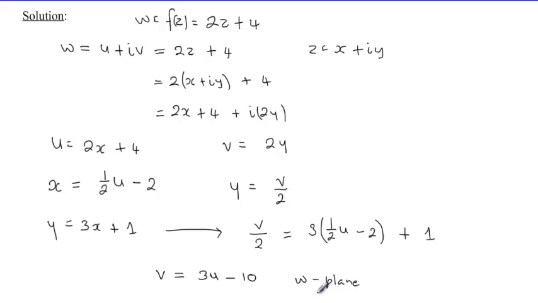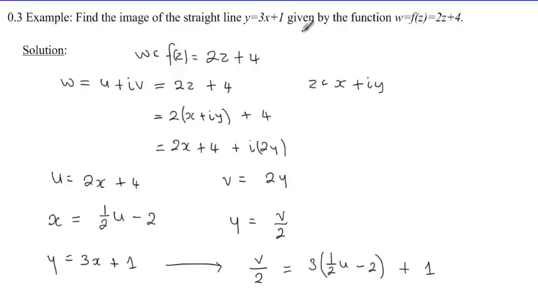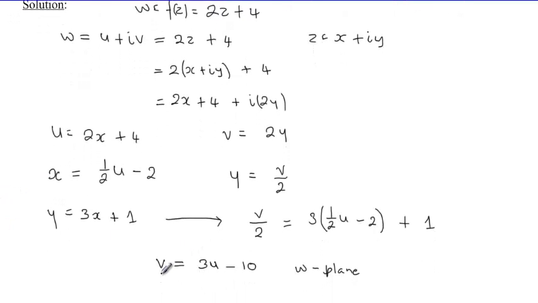So what you can do now is try to represent this line, which was given as 3x plus 2y on the z plane, and then its image via this function is what we're given here as v equals 3u minus 10. Then you can compare the two and see how the line has been transformed.